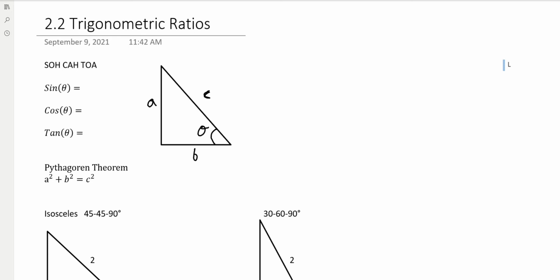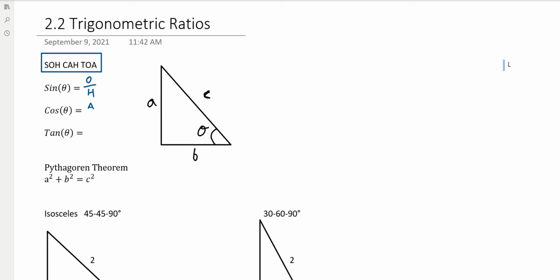So let's start first by reviewing what is tan, cos, sine. What are the different fractions or ratios that we need to know? Well, hopefully you guys maybe remember hearing this before. SOHCAHTOA. Basically the goal here is with SO, that means sine is opposite over hypotenuse.